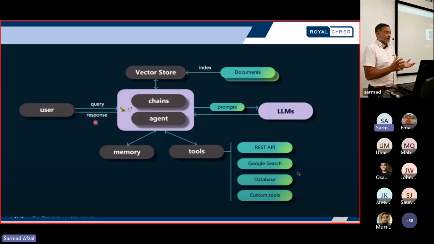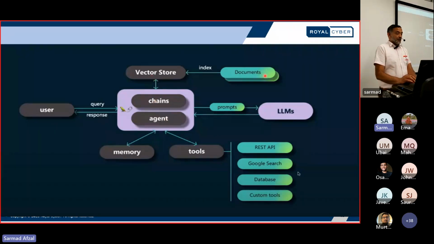This is what we covered so far. A user asks a question, it goes to the LangChain framework. The LangChain framework has chains and agents. We were using the retrieval QA chain to get the data from the vector store. We basically copied the books from our PDF file to the vector store.